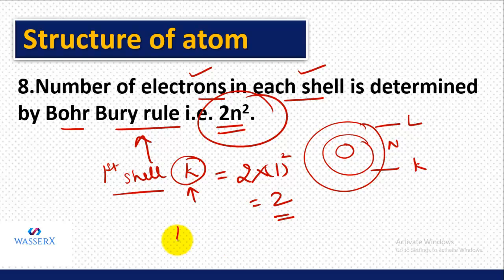Likewise, for the L shell, I can put n as 2 because L is the second shell. So the maximum number is 8. Likewise, I can calculate for M by putting n as 3, depending upon which shell we are calculating.